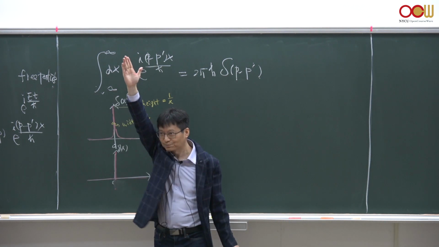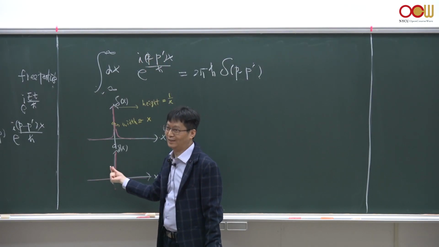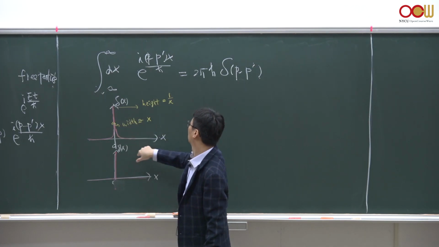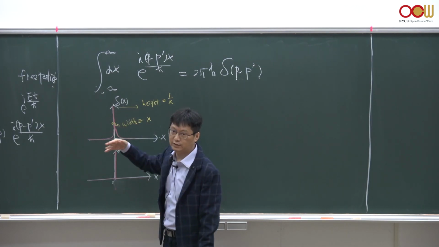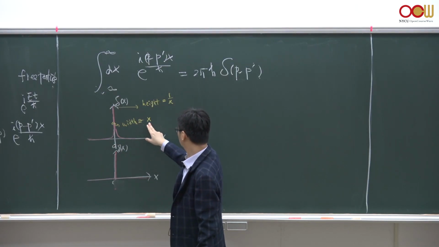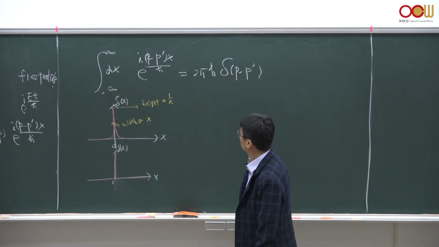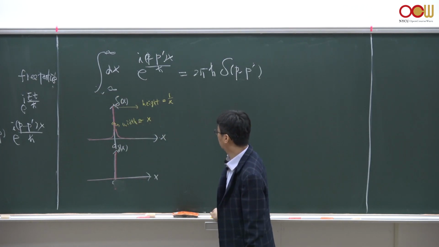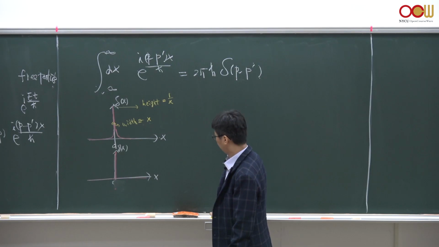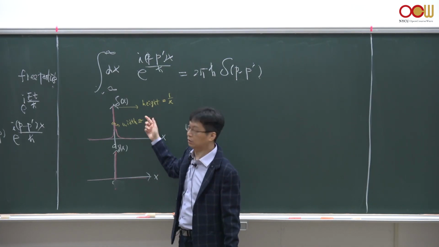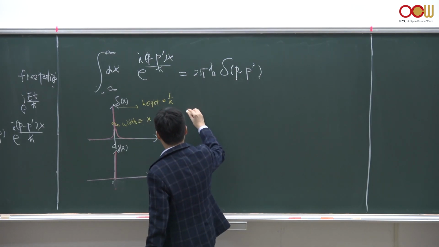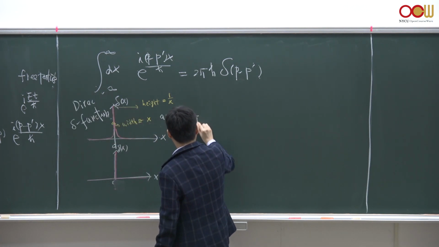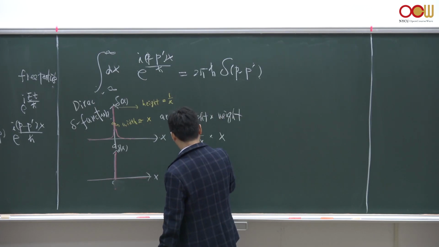It's just a spike, with 0 width and infinite value. But in a continuous way, we could define this delta function as a very sharp peak with a very narrow width and a huge height. The height of the peak is inversely proportional to x, and the width is proportional to x. So the area of this Dirac peak is normalized to 1, which is the height times the width.